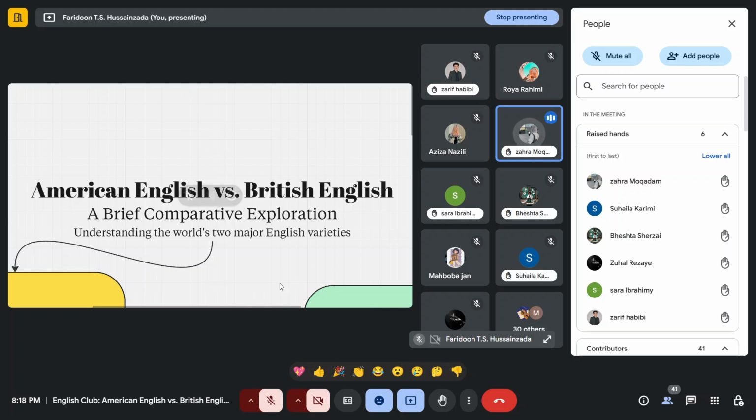In American English, we write it with one L, but in British English, we double the L and then add ing. So that's the difference.